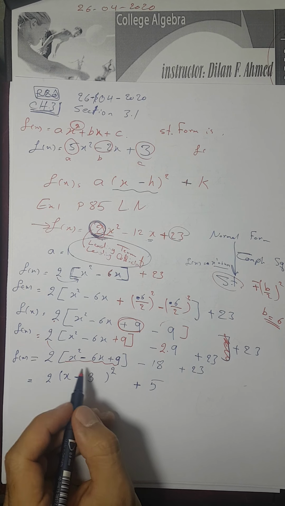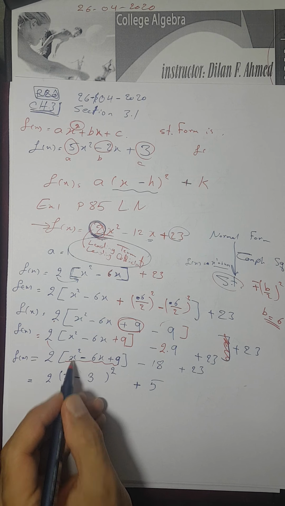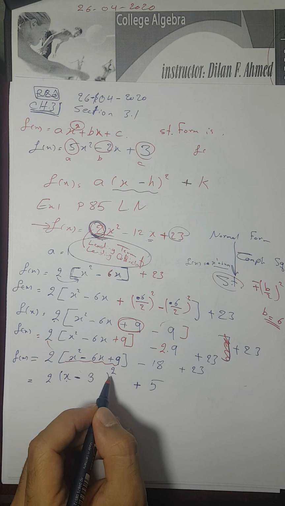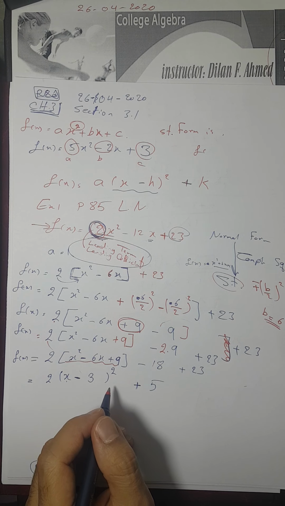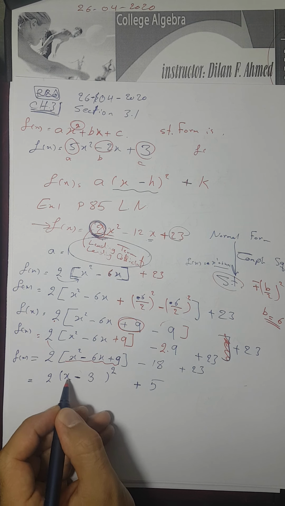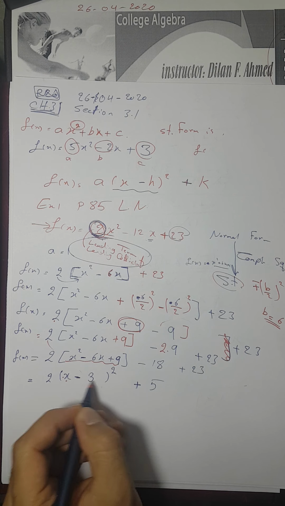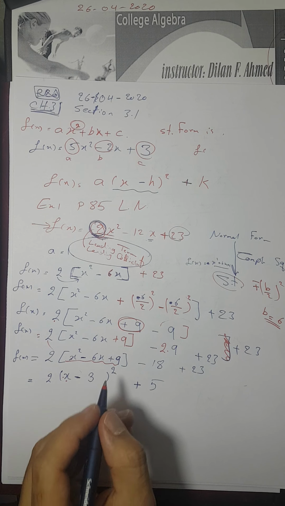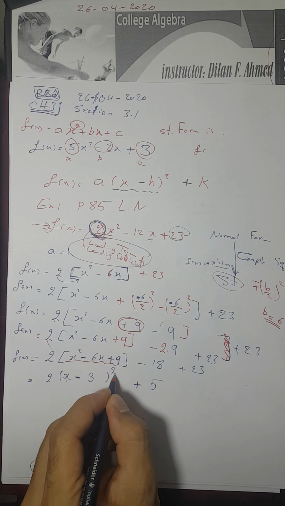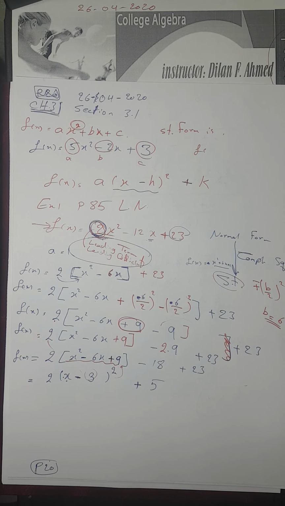So how do I change this one to that one? If I open the square, as you know from the first chapter, x squared minus 2 first times the second, 2 times x times 3, so I get minus 6x, plus always the second squared. So I got the same as the previous example.